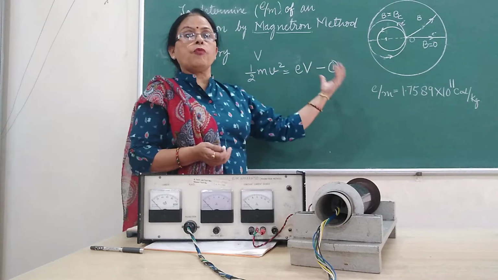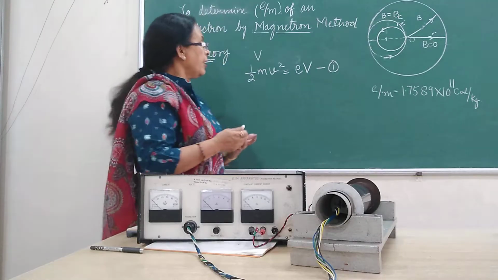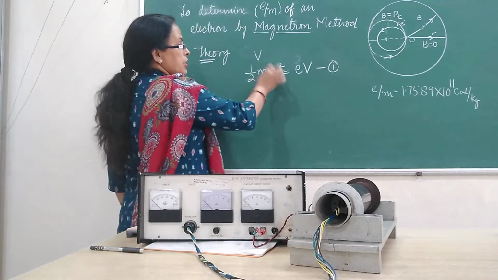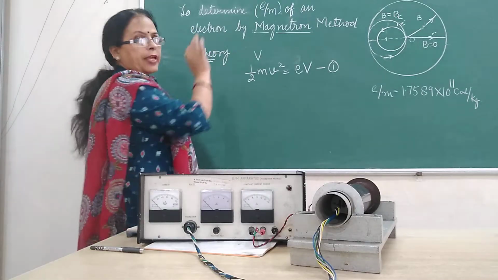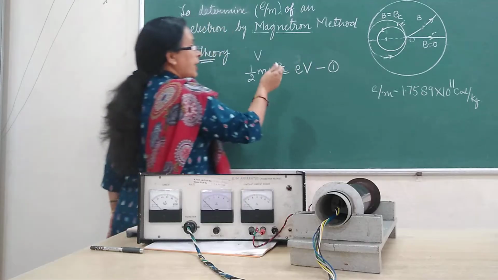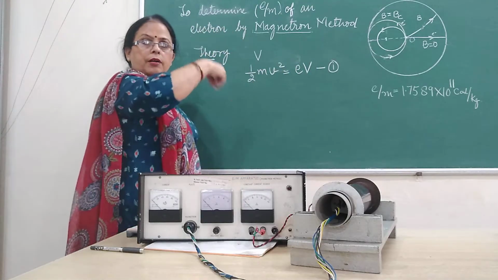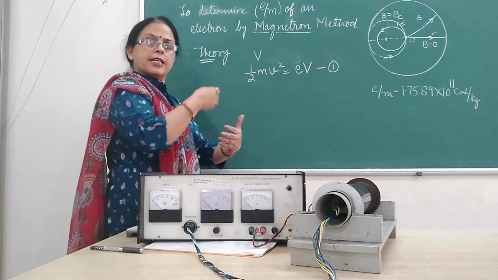Now we will see how we can use this theory to calculate e by m of an electron. This was the first situation when there was no magnetic field. Now we are applying a magnetic field B, and suppose the electron is moving in a circular path of radius r.